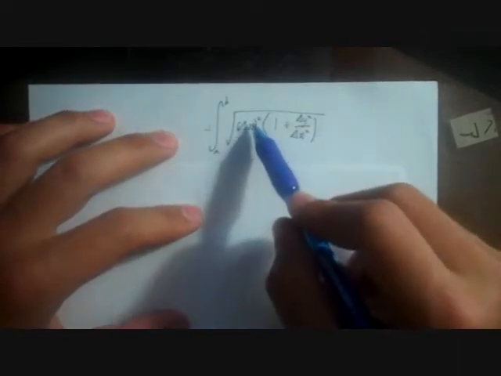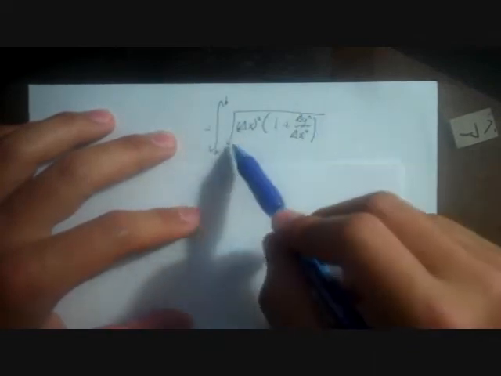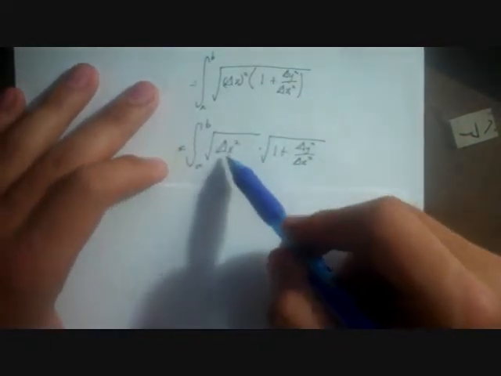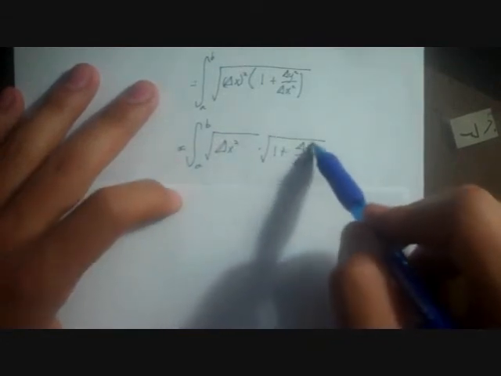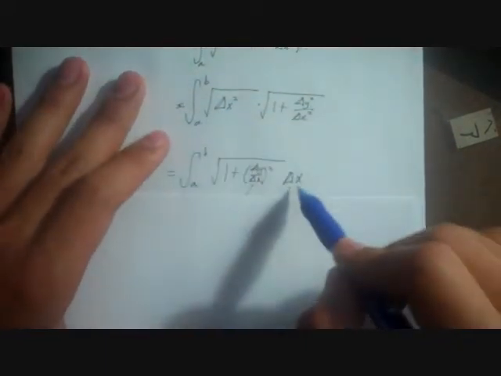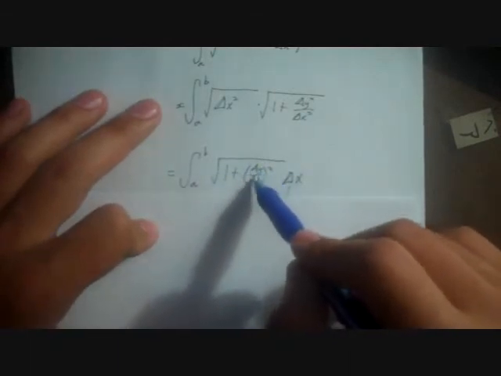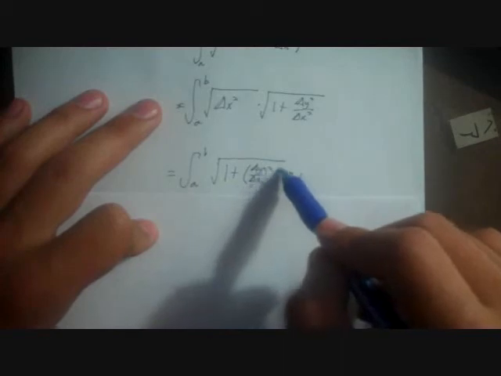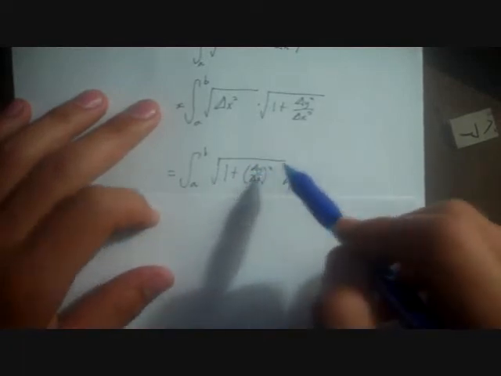Okay, and the product rule for radicals is you can break up products within radicals, right? So we'll do that next. We'll have the square root of delta x squared times the square root of 1 plus delta y squared over delta x squared. And the square root of delta x squared is just delta x. And so we'll have 1 plus delta y over delta x, taking the second power out and having it act upon it as a single argument.